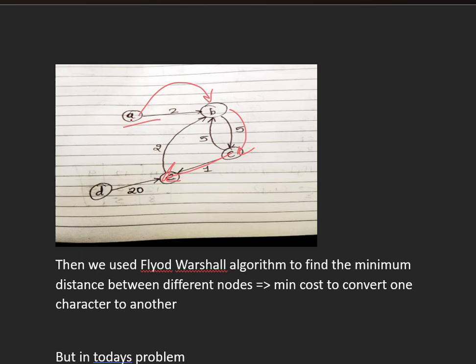Suppose I have to change A to E. What I'll do is find the shortest distance between A and E, and the shortest distance will tell us the minimum cost to convert A to E. And using the Floyd Warshall algorithm, we can find all the shortest paths, or minimum costs, between all the character pairs, right?